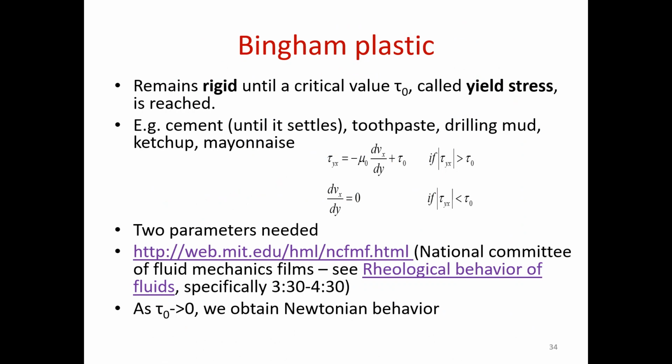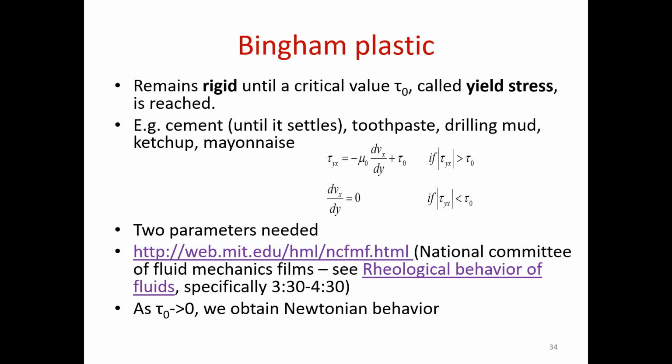So basically, as we increase complexity, we will increase the number of parameters that I'm using in the model. In this particular model, I'm saying, okay, if I have enough shear stress in the system, then I'm going to technically behave as a viscous fluid. But until then, I'm not moving.